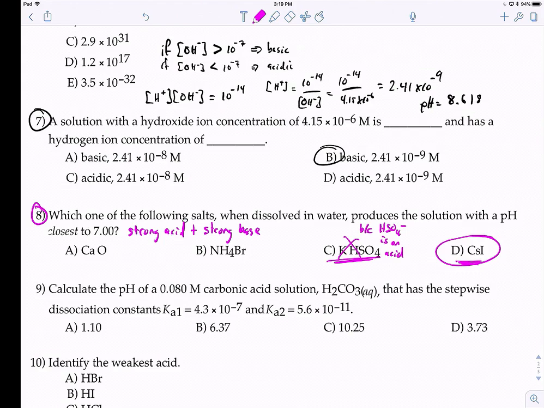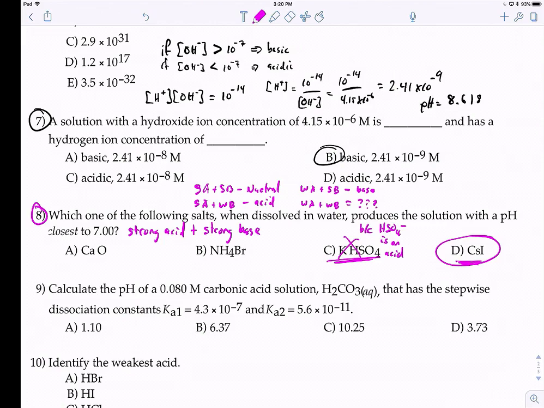If you have a strong acid plus a strong base, this is neutral. If you have a strong acid plus a weak base, this is going to be an acid salt. If you have a weak acid plus a strong base, this will form a basic salt. And if you have a weak acid plus a weak base, you have no idea what you're going to form.